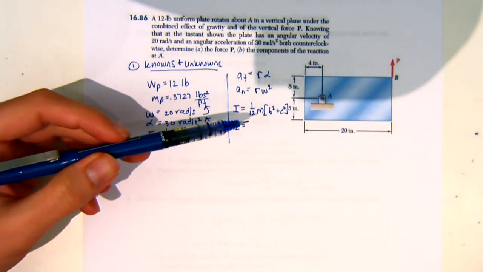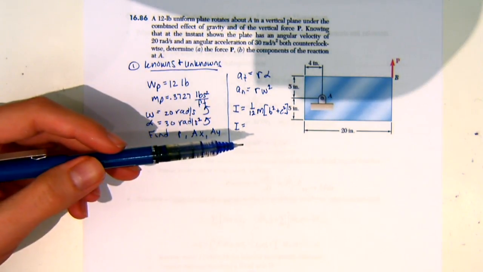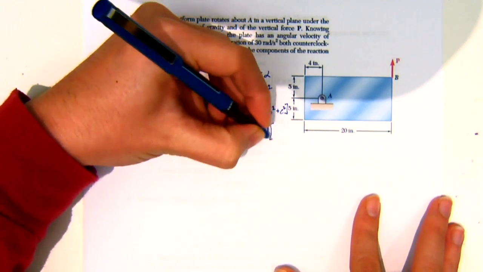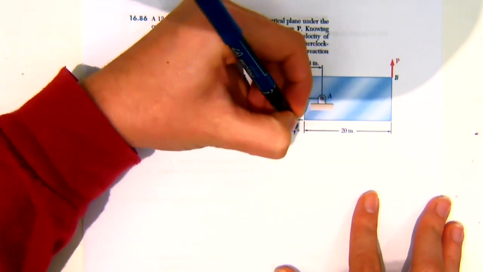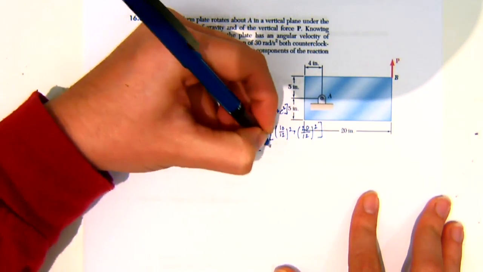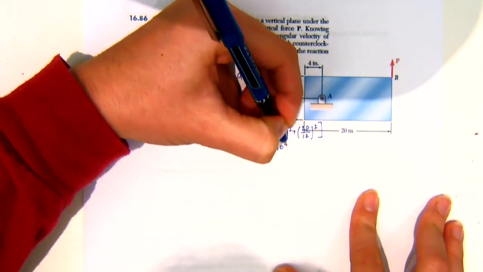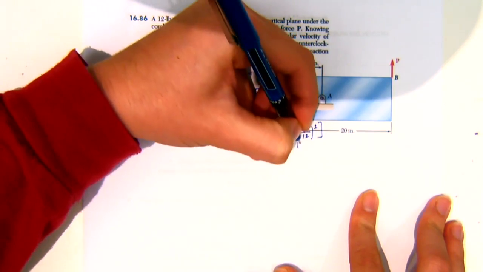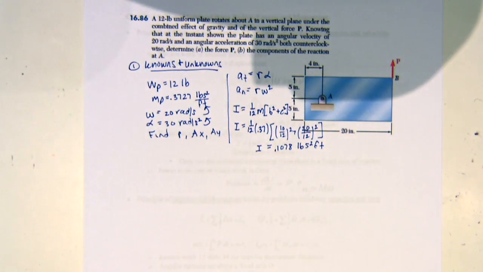Don't forget to convert all of these to feet since they're in inches. So it would be 1 over 12 times 0.37, times 10 over 12 squared plus 20 over 12 squared. So you get I is 0.1078, and our units are pounds seconds squared times feet. So I just wanted to get that out of the way.